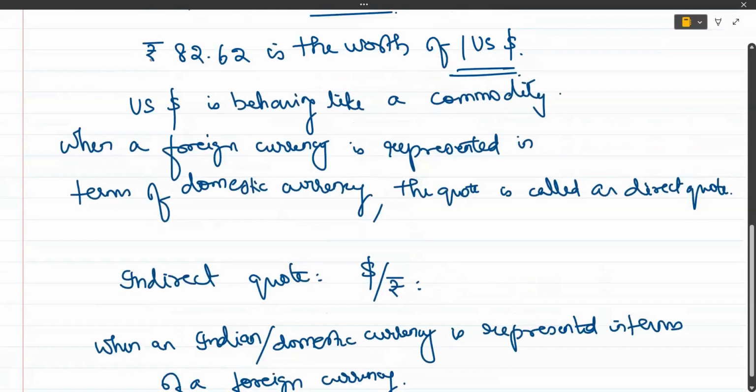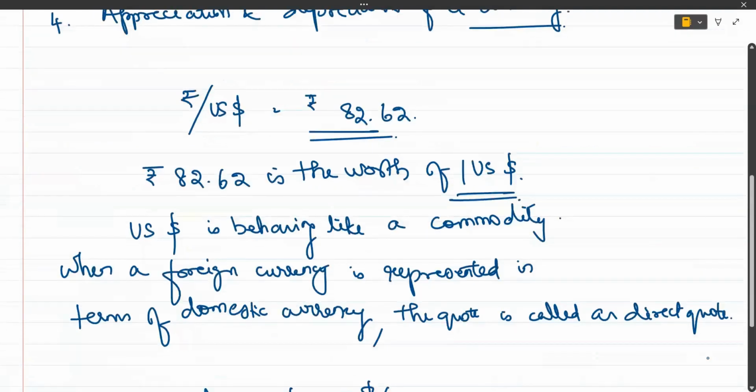If you are going to a foreign exchange center, like Western Union money transfer, you might have heard of it, right? Suppose you are flying abroad and need to convert your money to dollars to spend abroad. When you go to the bank and ask for dollars, they quote 82.62 for $1.